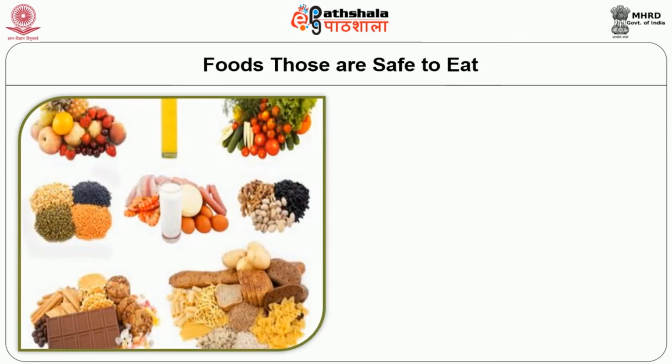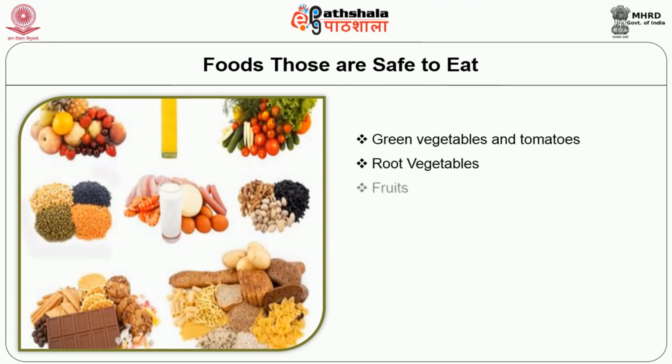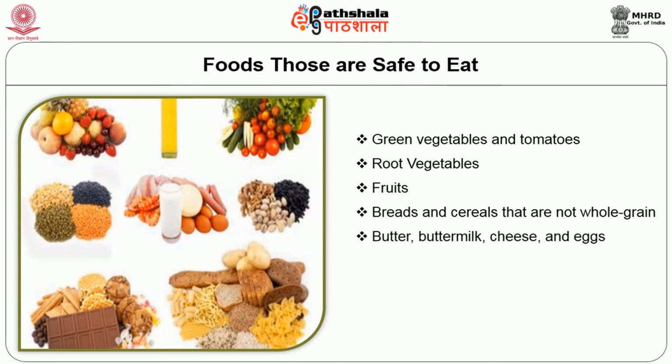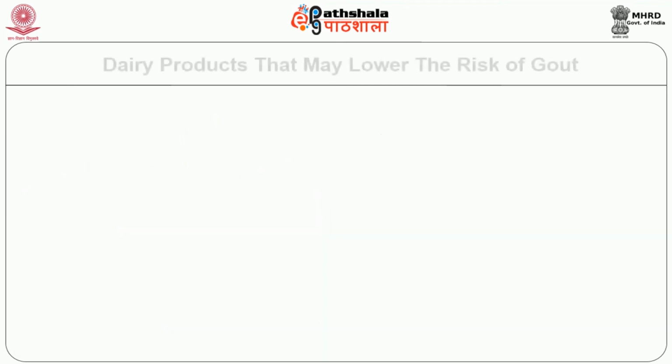Foods that are safe to eat are green leafy vegetables and tomatoes, root vegetables, any type of fruit, breads and cereals that are whole grain, butter, buttermilk, cheese and eggs, chocolates and cocoa products, peanut butter and nuts.